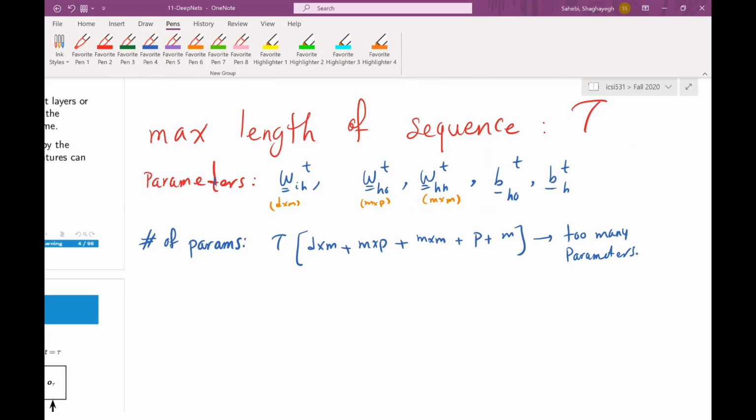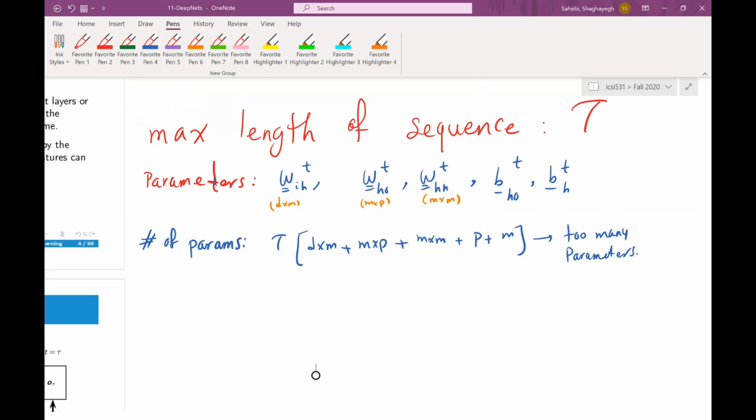So what we do in RNNs is that although we have different times of the sequence, we assume that the parameters are the same during all of these times.